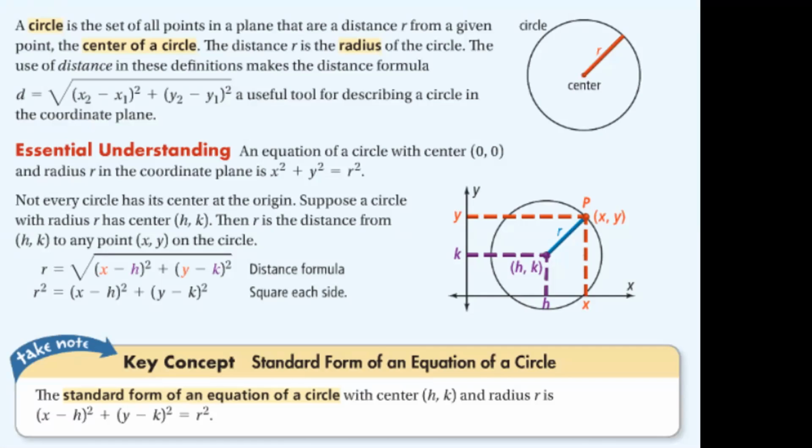This point, we call it the center. And the distance from this center to any point on the circle, we call it the distance, and it's fixed. Every time it has the same distance from the center to this point.